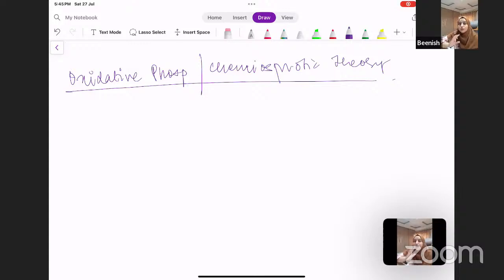So we have seen how your electrons were jumping from complex 1 to complex 2, 3, 4, and ultimately your protons were also being pumped out.